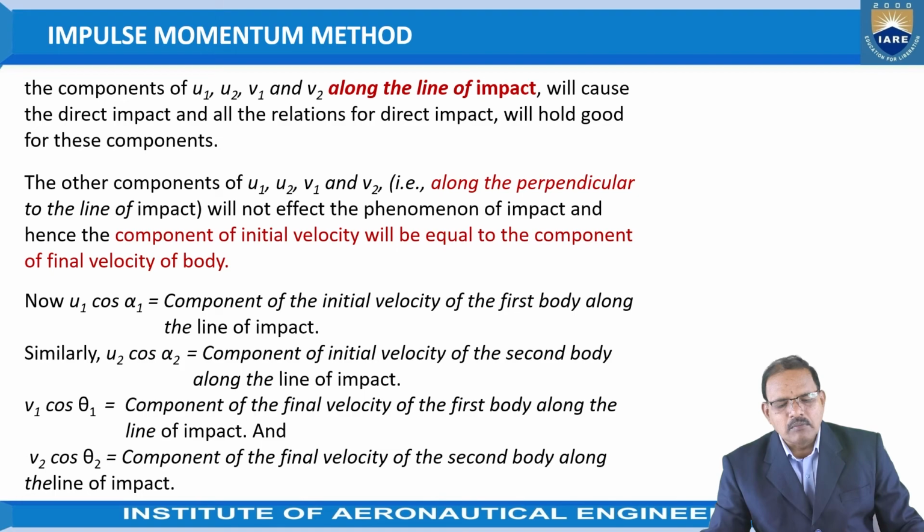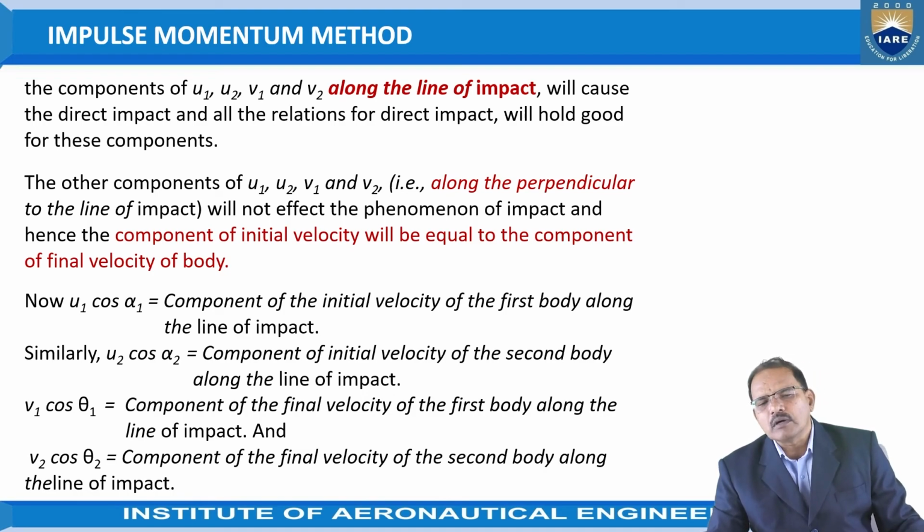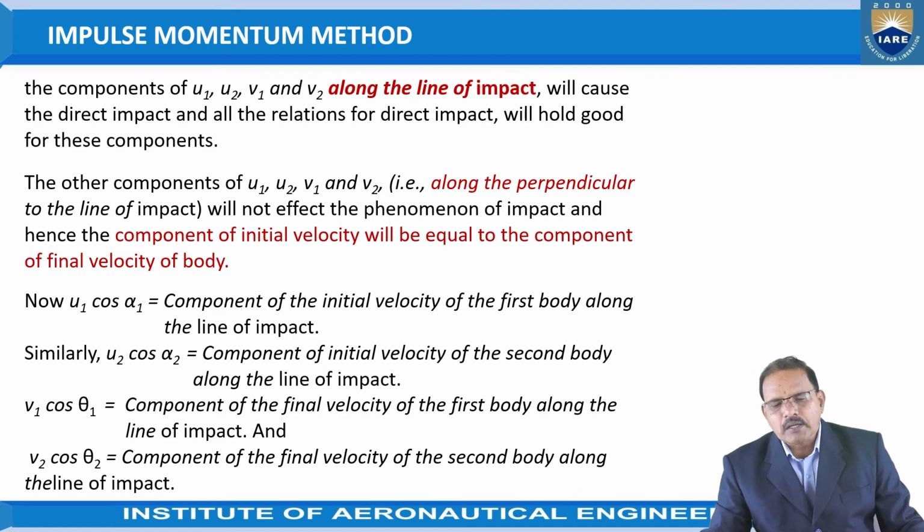Hence, the momentum possessed by the bodies just before the collision is also equal to the momentum possessed by the bodies after the collisions. That means they are not at all involved in the collisions, or their effect perpendicular to the direction of line of impact will not be changed. Hence, generally these are not considered. We have to consider only the momentum possessed by the bodies in the line of impact.